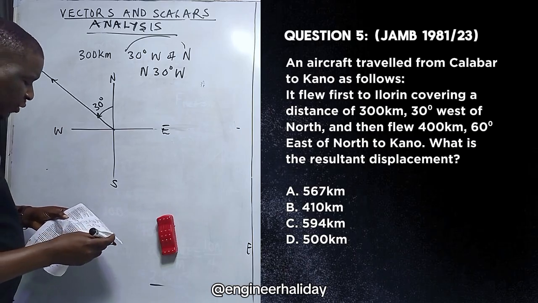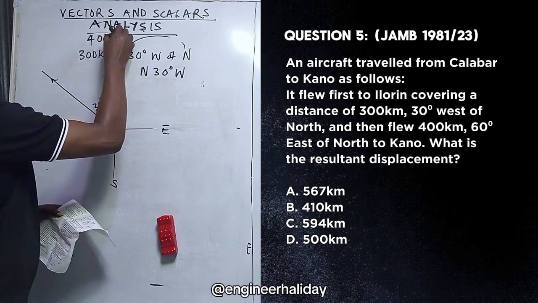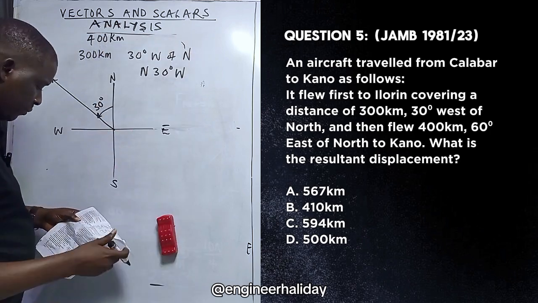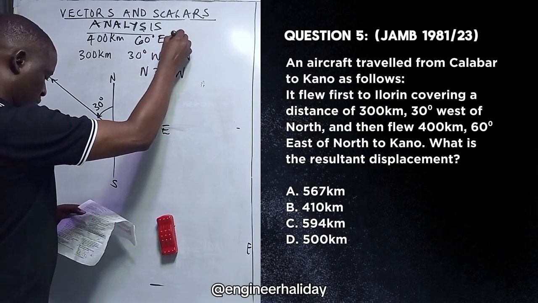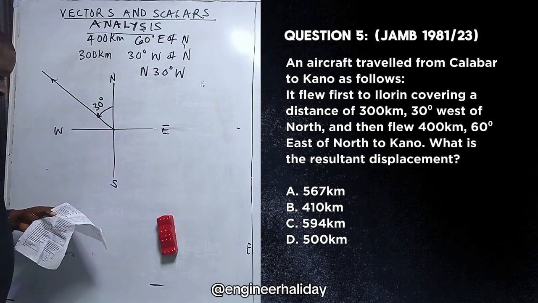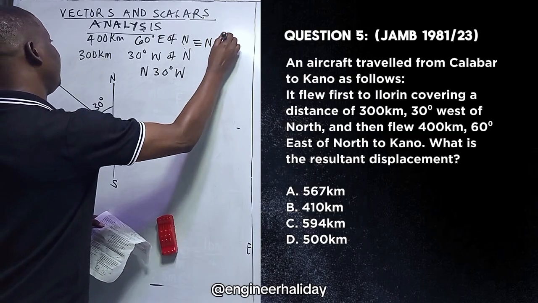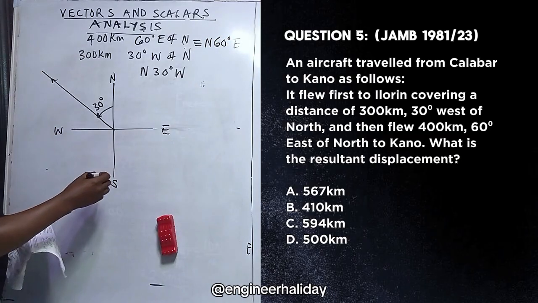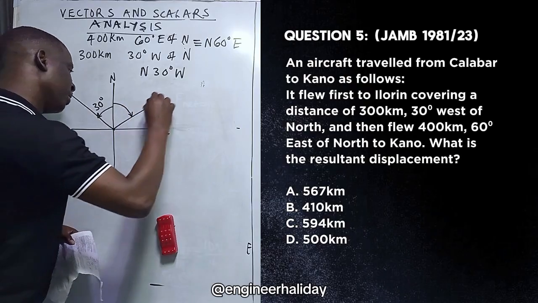He then flew 400 kilometer, in what direction? 400 kilometers, 60 degree east of north to Kano. That is equivalent to North, 60 degree East. It starts from the north, taking 60 degree to the east.